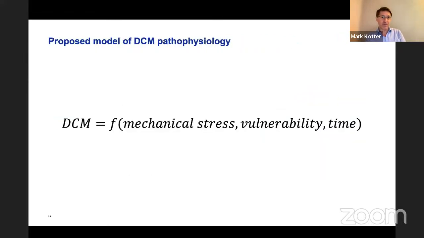So the proposed model is really here. DCM is a result of a function that encompasses mechanical stress in the spine that is exerted on the spinal cord, the vulnerability of the spinal cord, and the time that it takes to develop the condition.